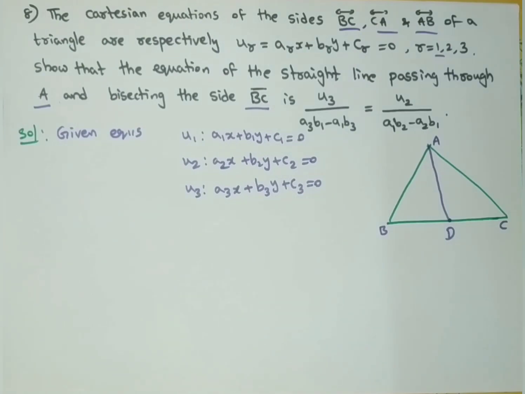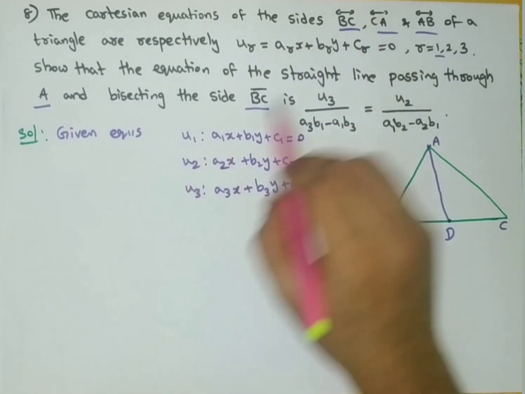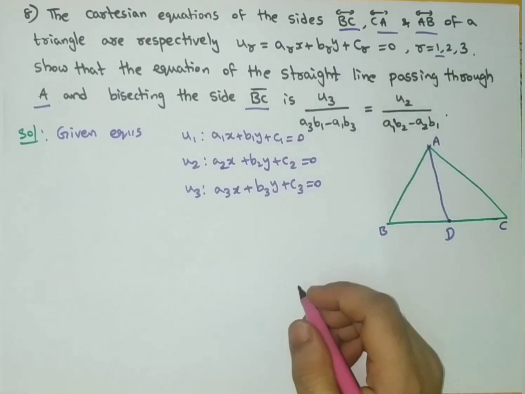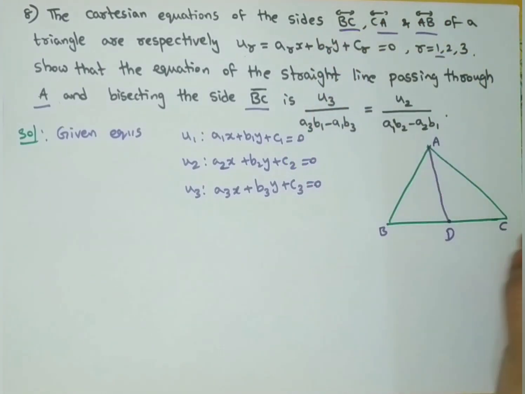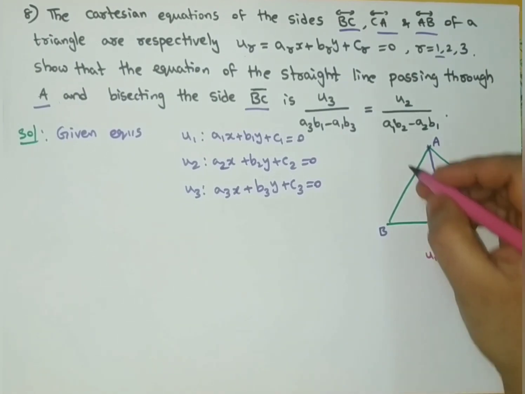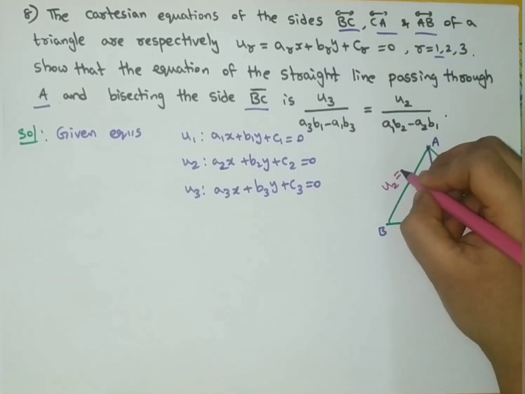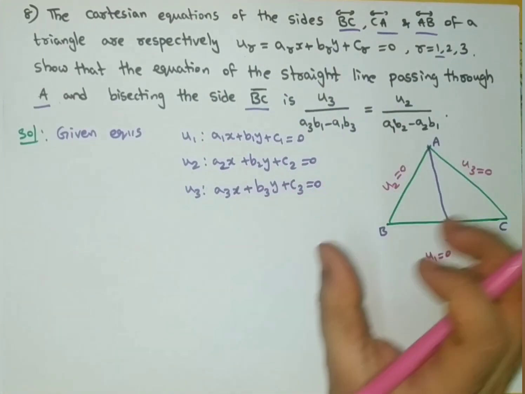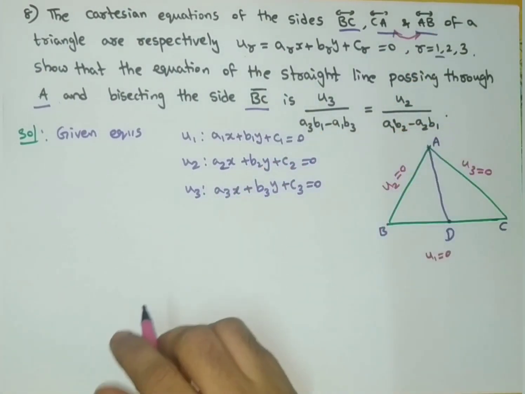In the question, BC is u1, CA is u2 and AB is u3. But by taking it like this, you won't get this answer. We need to make a small change. BC is u1 only, the u1 = 0 line equation. But take AB as u2 = 0 and AC as u3 = 0. We are interchanging these two, then you will get the same answer.